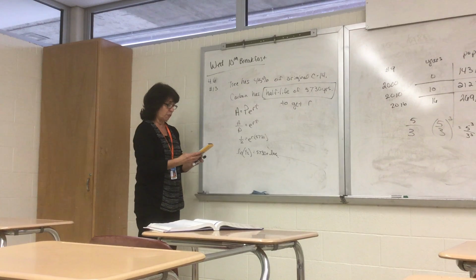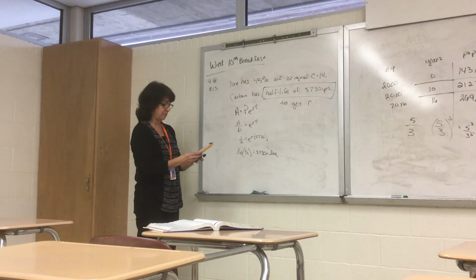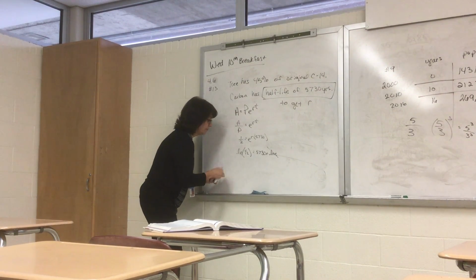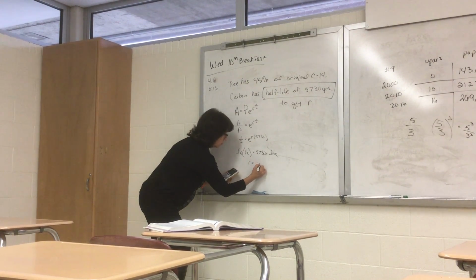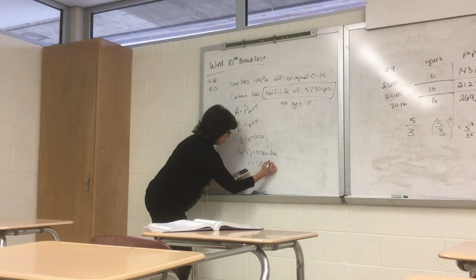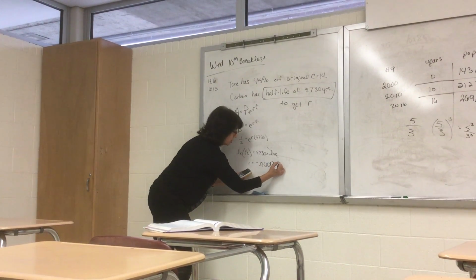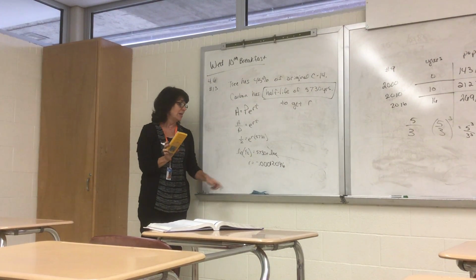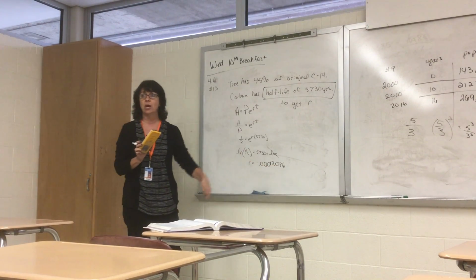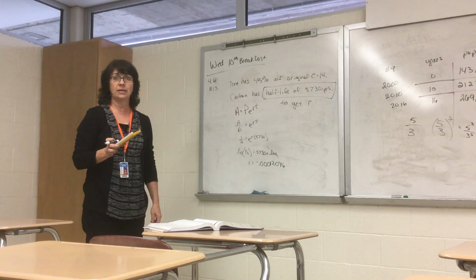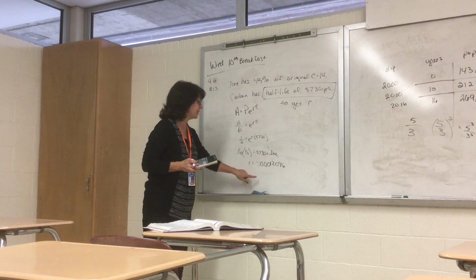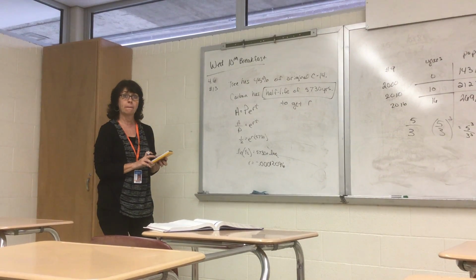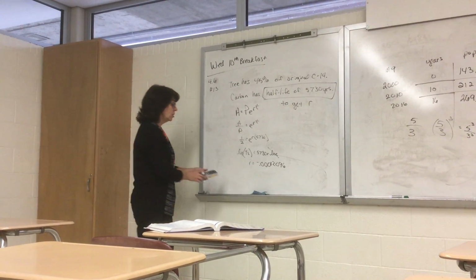So ln of 1/2 divided by 5730, and I get negative 0.0001296, etc. My calculator says negative 1.2 e to the negative 4. Make sure you notice e to the negative 4. That means move the decimal over 4 places, so it's 0.000 if it's to the negative 4th power. Okay?